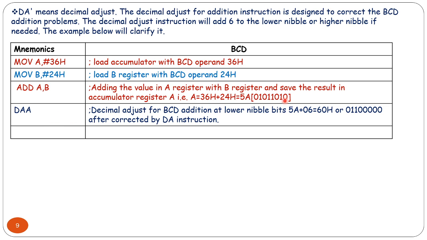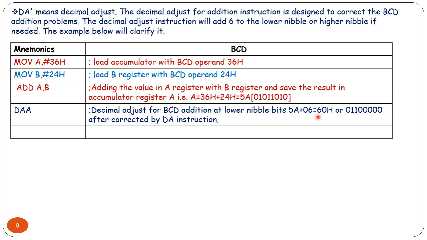So this number has a lower nibble and an upper nibble. 5 is less than 9, but A is greater than 9. So 6 is added to the lower nibble. So the DA instruction, decimal adjust accumulator, for BCD addition at the lower nibble bits, that is 5A plus 06.